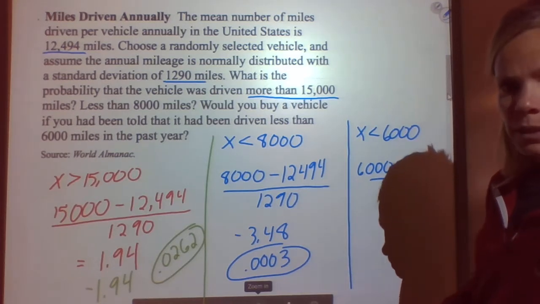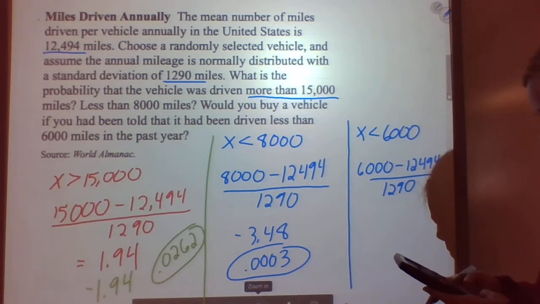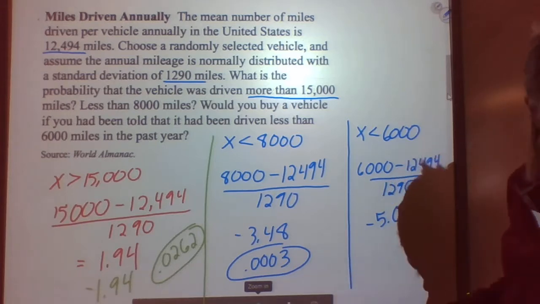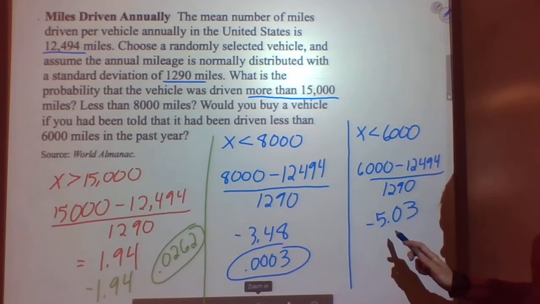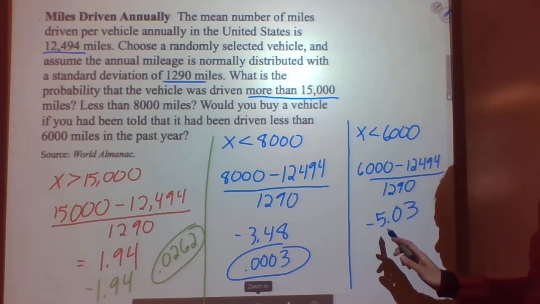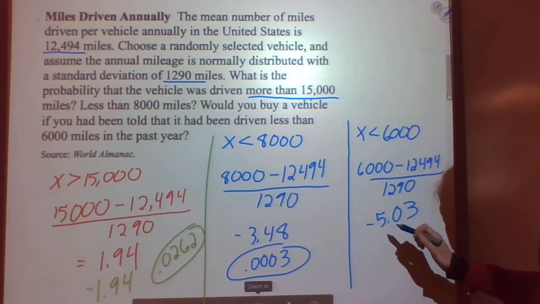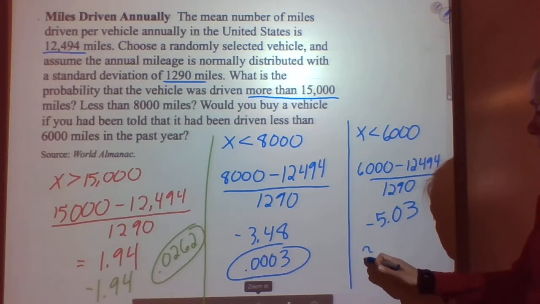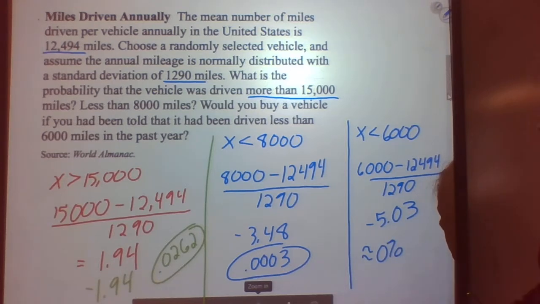Okay, so the probability of finding a car like that... Now, what happens when you find a z-score that's not on your table? If the z-score is so small, it's not on your table, we say approximately 0%.